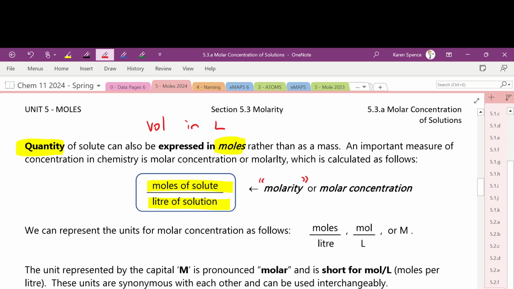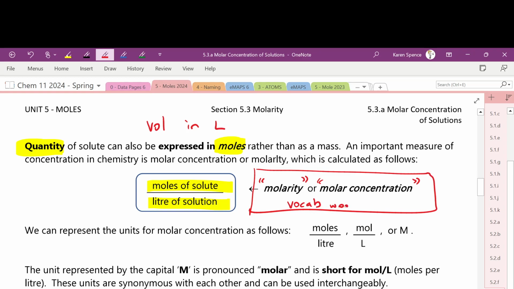That's a new vocabulary word. Or we can call it the molar concentration to distinguish it from the grams per liter. So 2 new vocab words. If I say, what's the molarity? You say, what's the moles per liter? The moles divided by the liters.